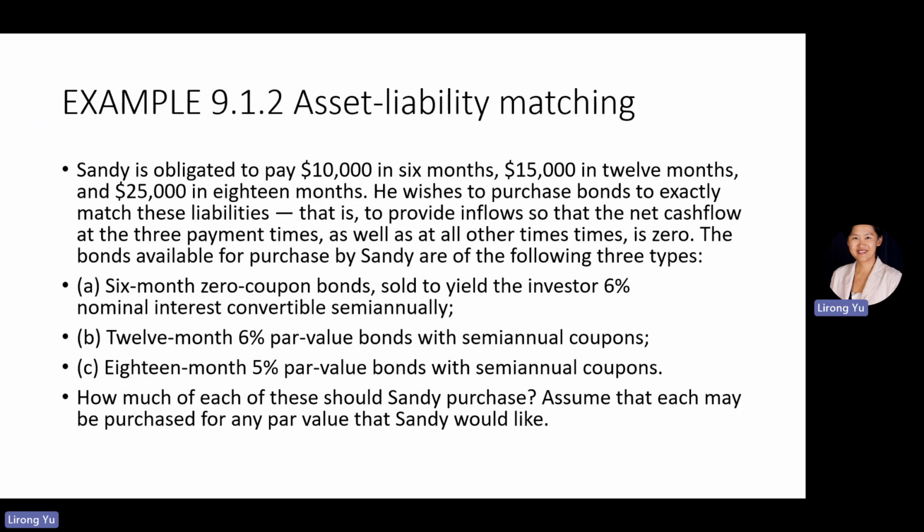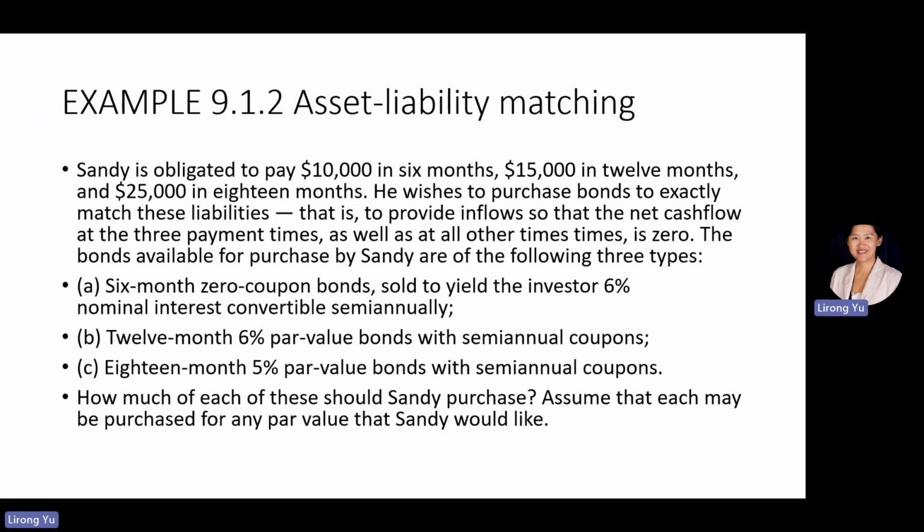The bonds available for purchase by Sandy are of the following three types. A 6-month zero coupon bond sold to yield investors a 6% nominal interest rate convertible semi-annually. So if it's convertible, we're going to take the 6% divided by 2, so the 6-month interest rate is 3%.